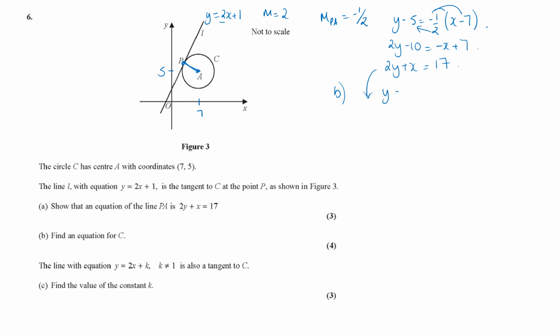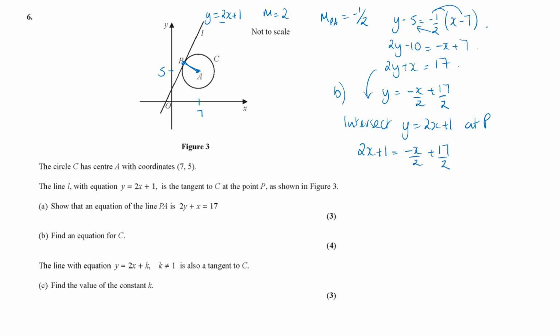So y will equal minus x over 2 plus 17 over 2. That's going to intersect y equals 2x plus 1 at P. So if we just make 2x plus 1 equal the minus x over 2 plus 17 over 2.